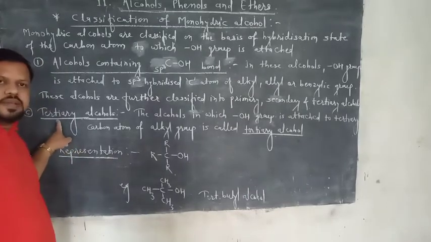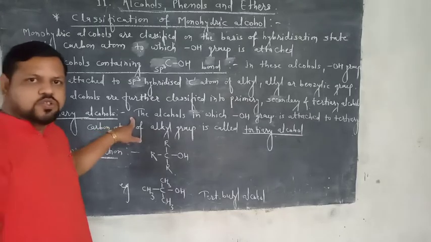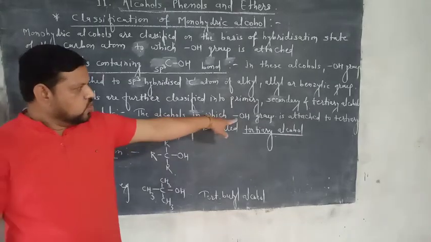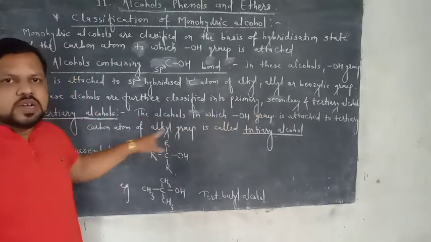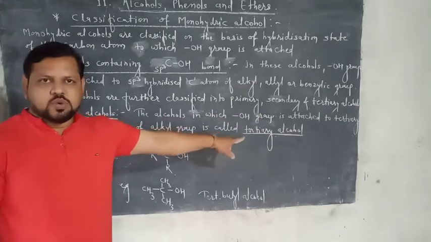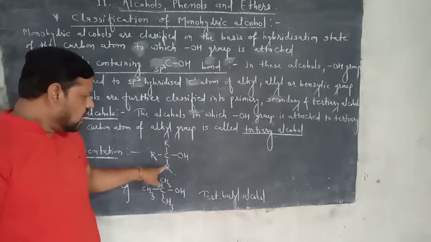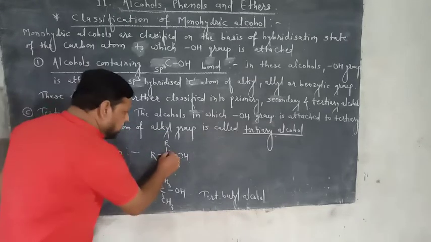Third class, that is tertiary alcohols. Tertiary alcohols are the alcohols in which the OH group is attached to a tertiary carbon atom of an alkyl group. The representation of a tertiary alcohol is R3COH.